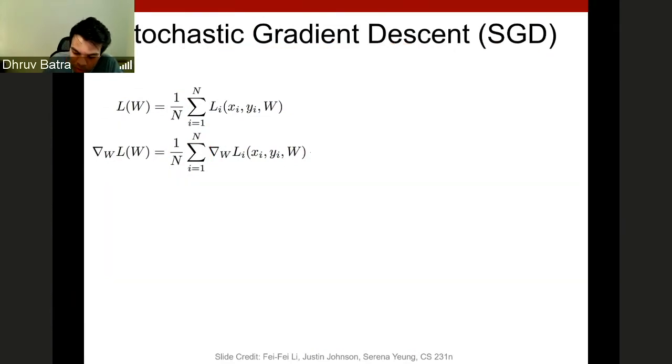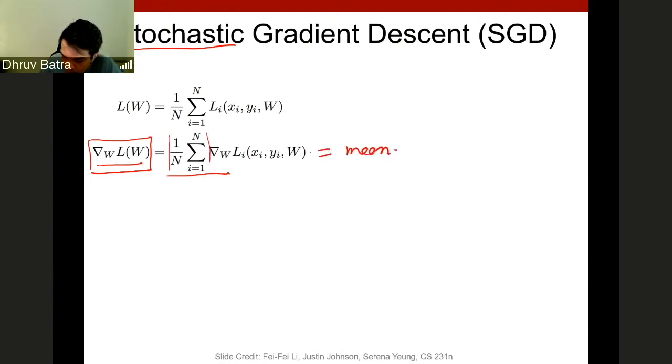There are actually two ways of interpreting stochastic gradient descent. The implementation doesn't change, but the interpretation changes. One way of interpreting it is that this is the objective that we actually care about: the gradient computed over the entire data set. And this is clearly the mean over n things of the gradient with respect to W of the loss L_i, with i going from 1 through n.